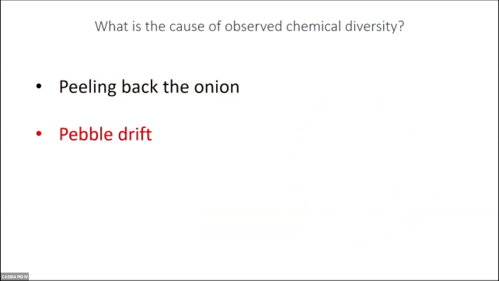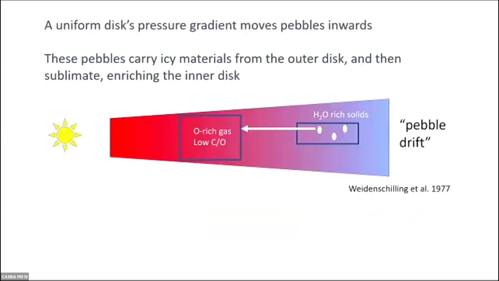Another idea that is being talked about quite a bit is pebble drift. So the way pebble drift works is that in a canonical disk, you would have a pressure gradient such that it moves small solids inwards with time, actually pretty quickly. And these, what we call pebbles, carry icy materials from the outer disk.